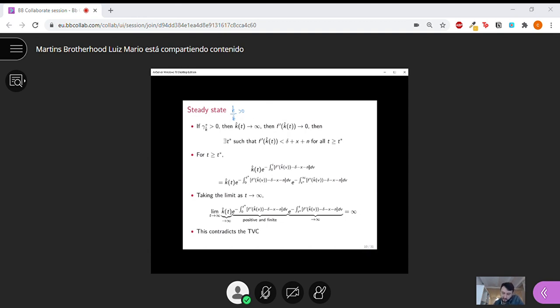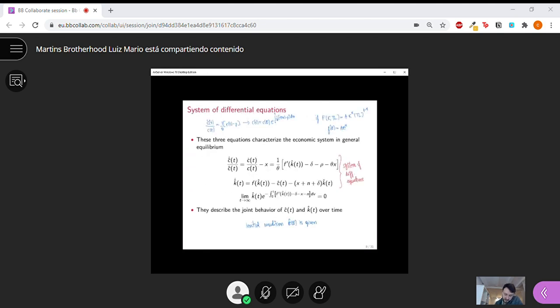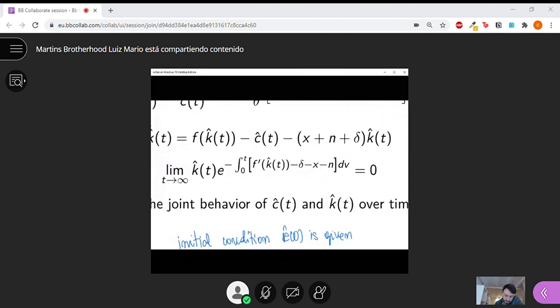And we're going to find that this is a contradiction in the transversality condition. So let's just try to see the transversality condition here. This variable is going to infinity. What is the other variable in this expression that depends on capital? It is the marginal productivity, and we are seeing that this is going to 0, right? Because of Inada, the marginal productivity of capital goes to 0 when capital goes to infinity. So this goes to 0.